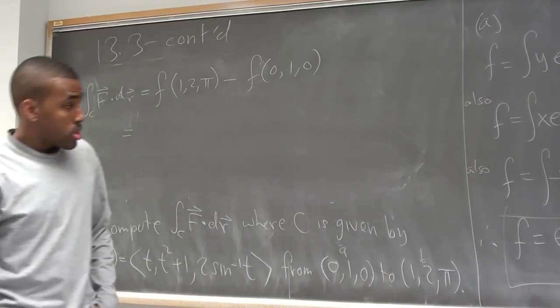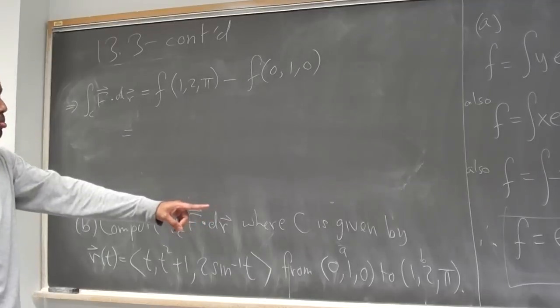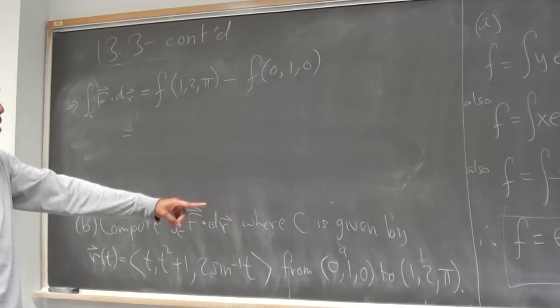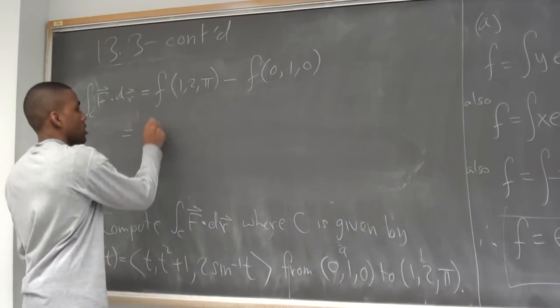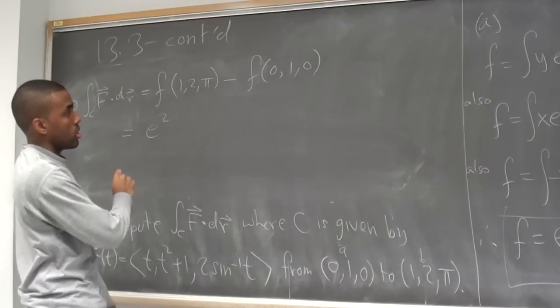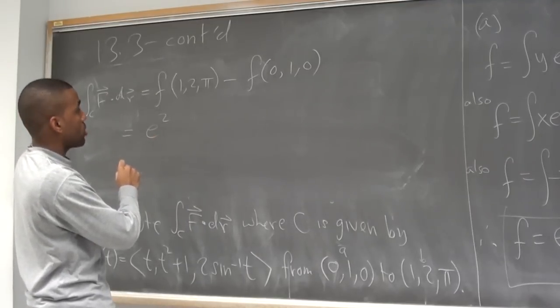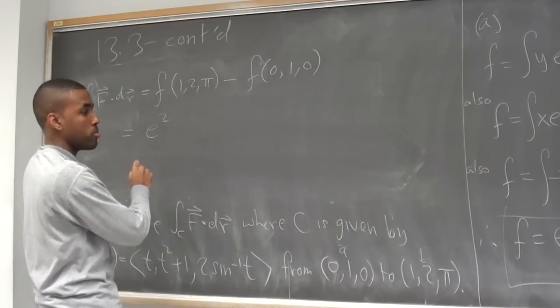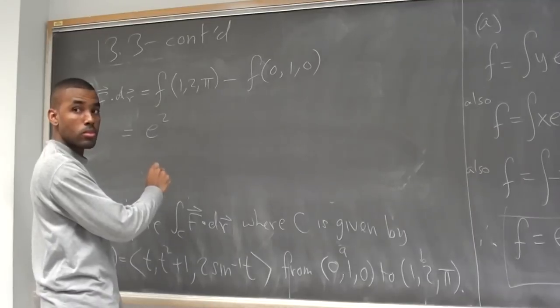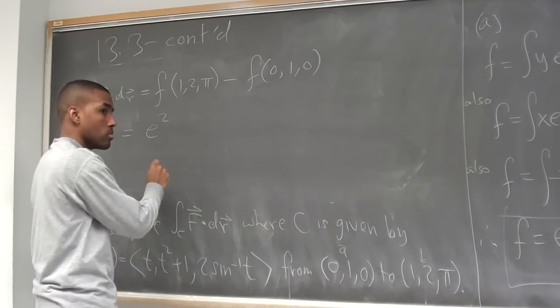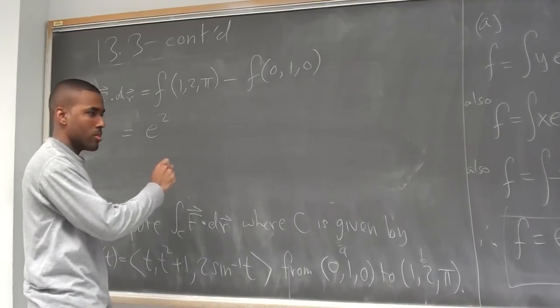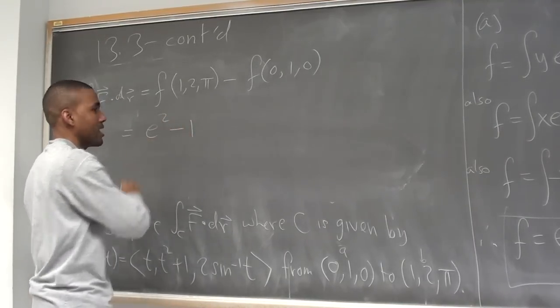So you go to this function here, and I'm going to plug in x equals 1 and y equals pi. Cosine of pi is what? Minus 1. Negative 1.